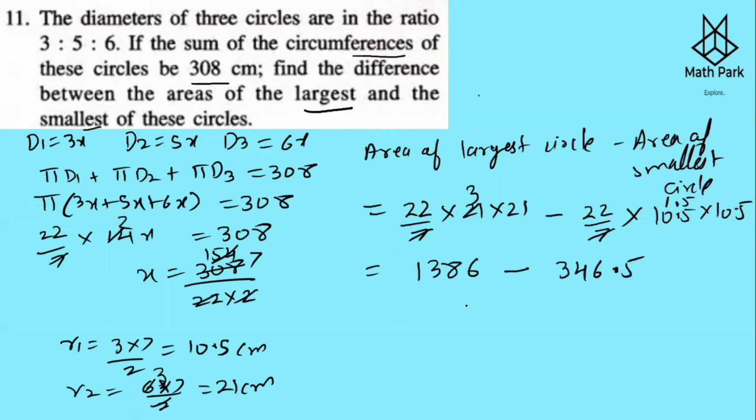So 1386 minus 346.5, which we get as 1039.5 square centimeter is the difference between the area of the largest circle and the smallest circle.